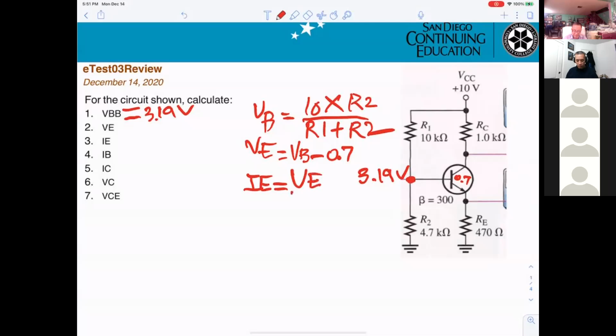VE, IE. And after you get IE, you can get IB.